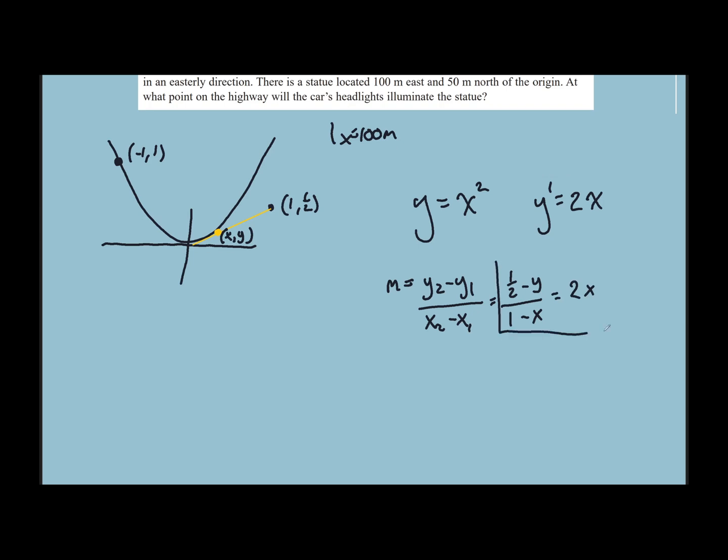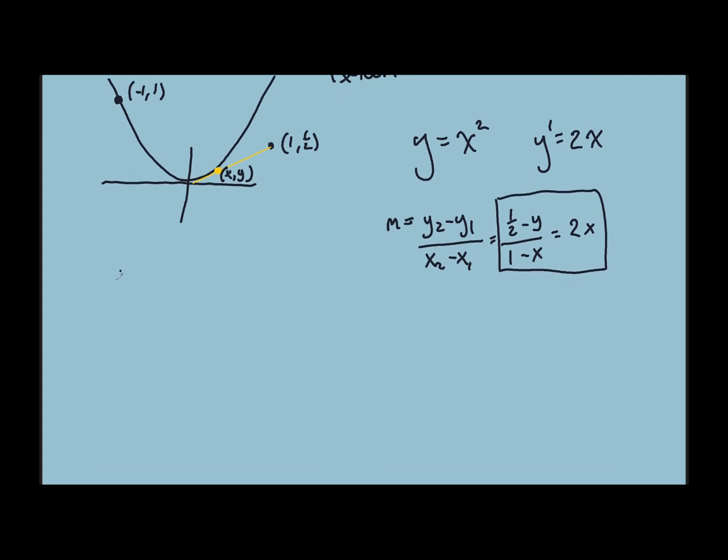So if I take this, let's multiply things up here. So I'll come off to the left side. We'll get 1/2 minus y equals 2x times 1 minus x. From there, we're going to distribute. I think that's clear.